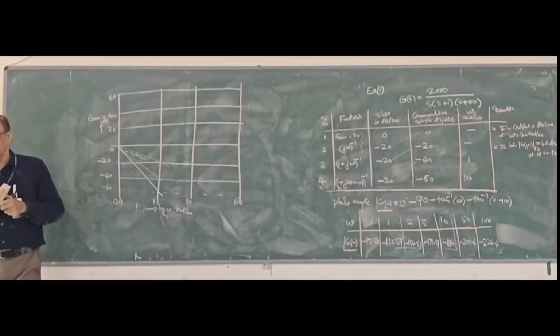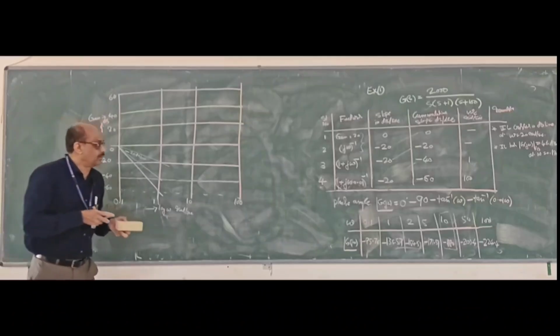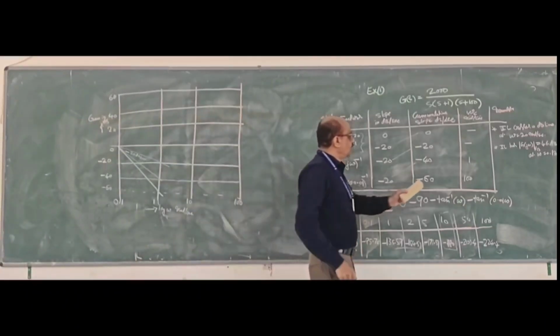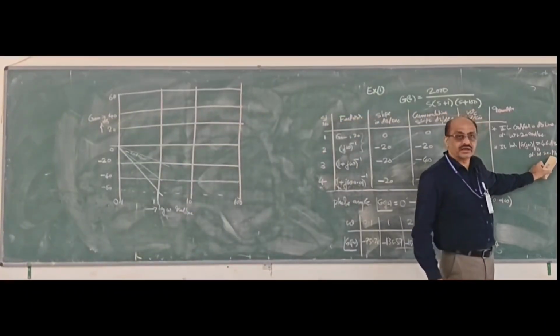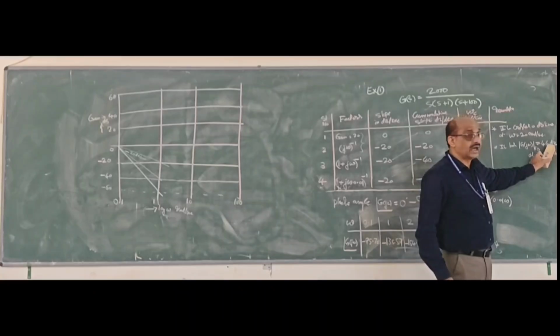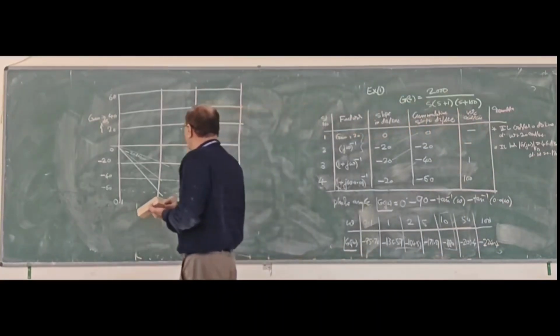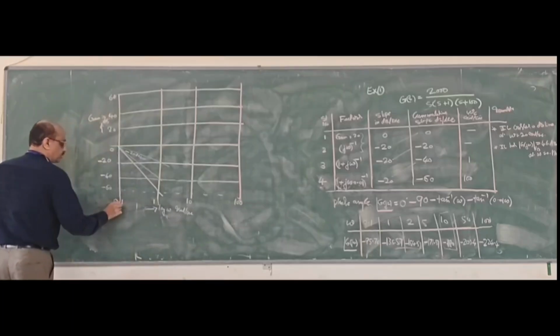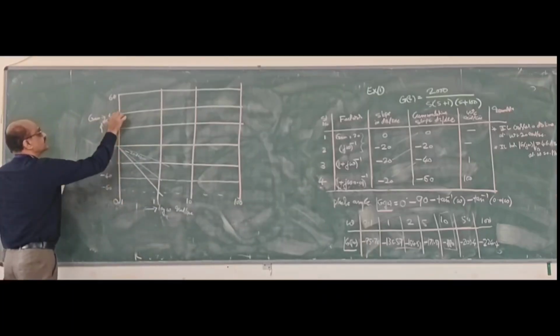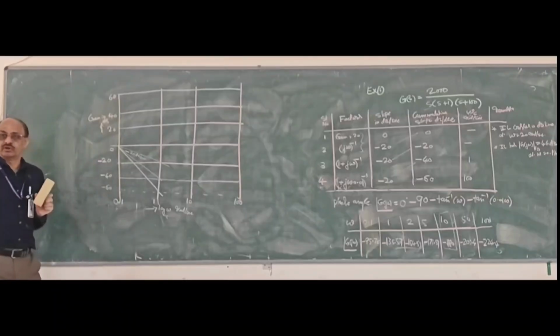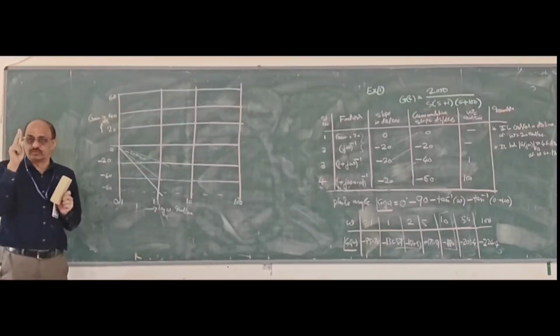You are ready. First, go to your table. It says that at omega equal to 0.1 radians per second, the gain is 46. This is not slope gain. So, go to this. This is 0.1 radian, 46. So, here it is 50 somewhere here. Each small division is 2 dB, right?